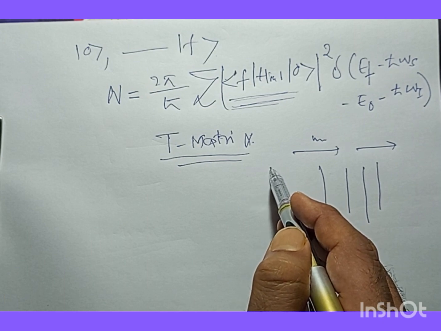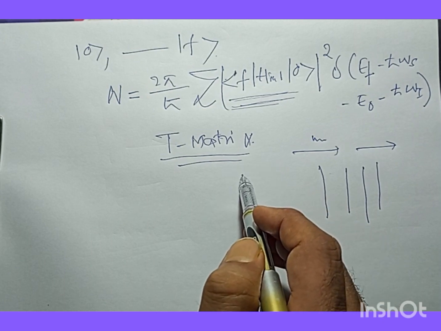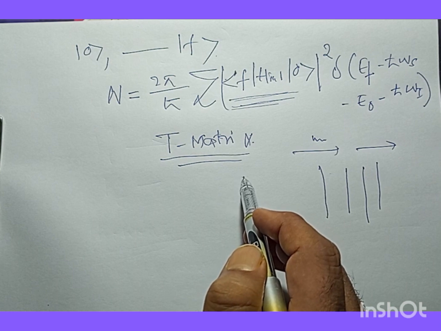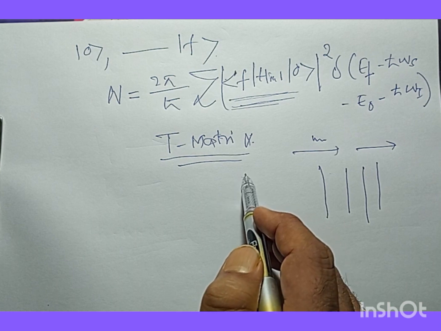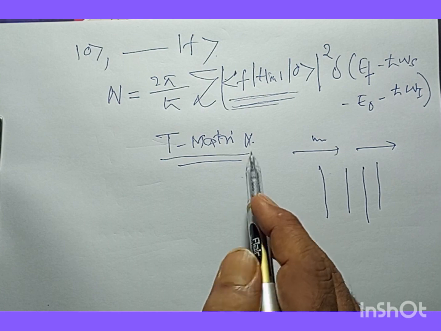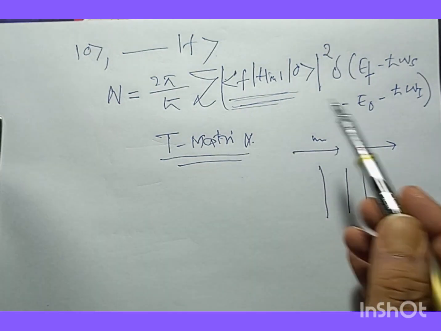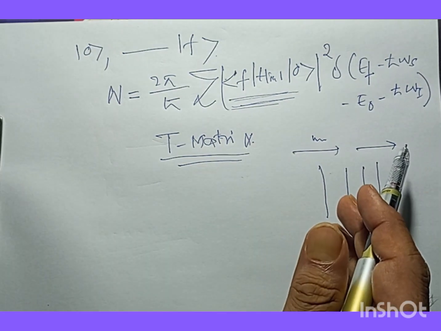This concept of T matrix can be applied to the entire scatterer as well as to separate parts of the composite scatterer.